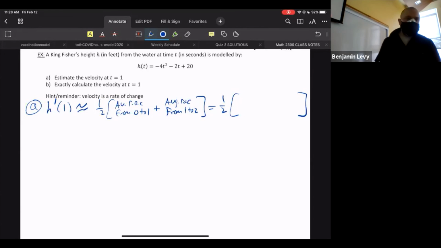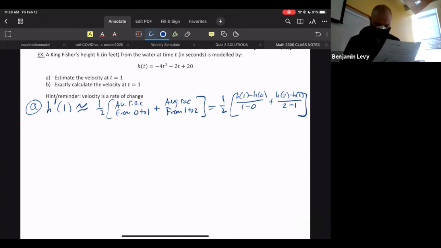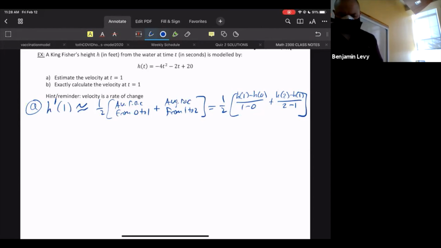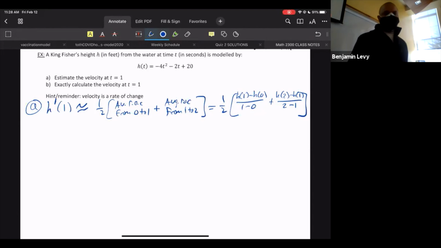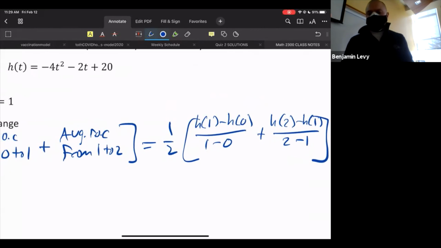All right, I'm going to slowly write down the next step and let me know what you think. Does that look okay so far?